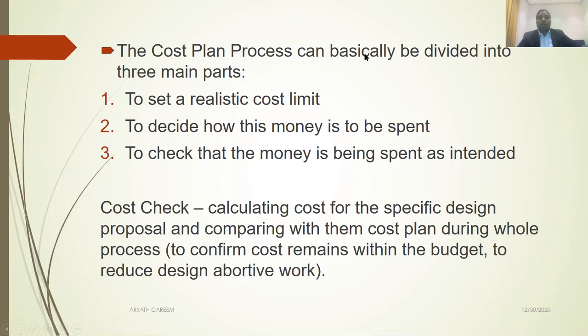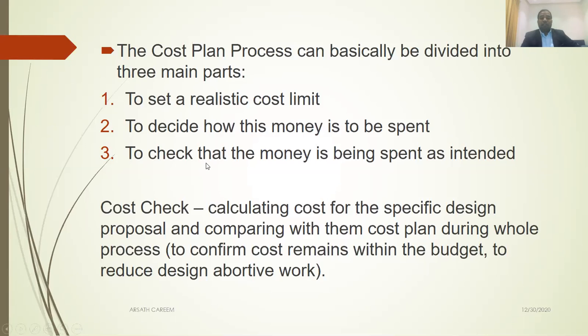The third one is to check that the money is being spent as intended. This process is called cost check. You allocated each element some money, which is called the cost target. After the design develops, you have to check whether the cost is within your limit. That's what I define here as cost check.